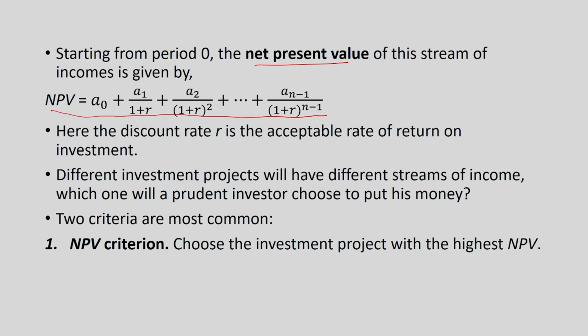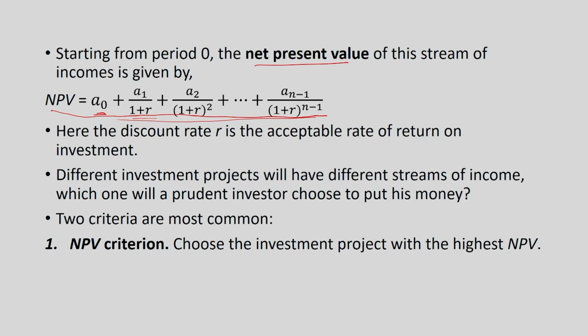You are standing in period 0, so you are not discounting A0, which is in this period itself, but from the next period onwards the incomes are discounted, and r is the rate of interest. So, this is how it is going to look. The last period's payment is A(n minus 1), so its present discounted value is A(n minus 1) divided by (1 plus r) to the power n minus 1.